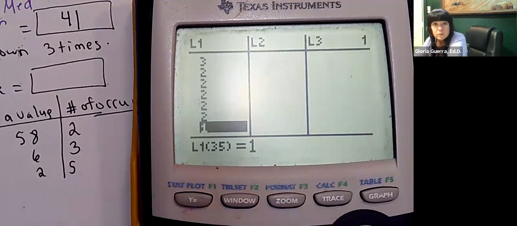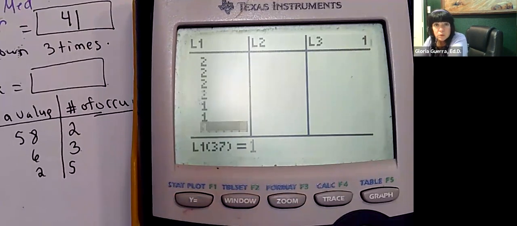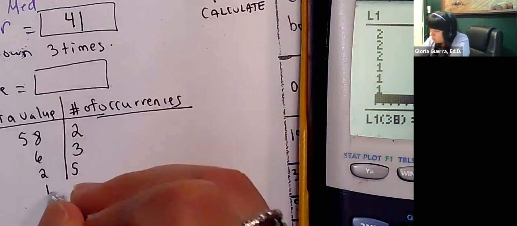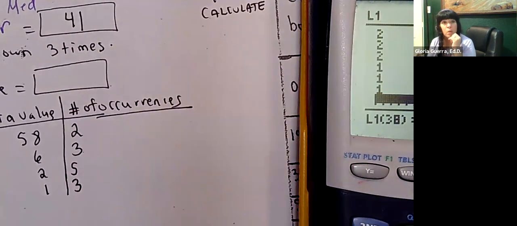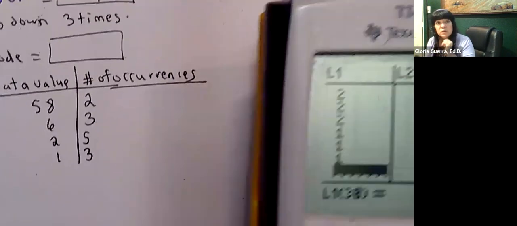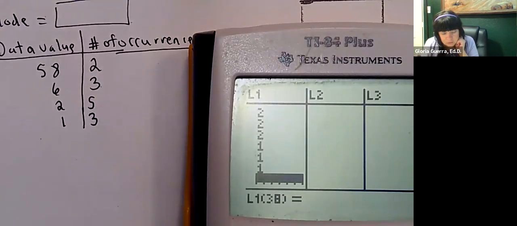And then 1, that's 1, 2, 3, 3 times. Okay, does that look like all the occurrences? Okay, good.